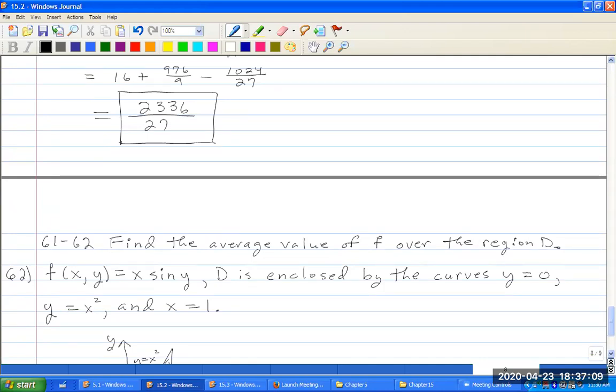D here is enclosed by the curves y equals 0, y equal x squared, and x equal 1. So let me draw that.